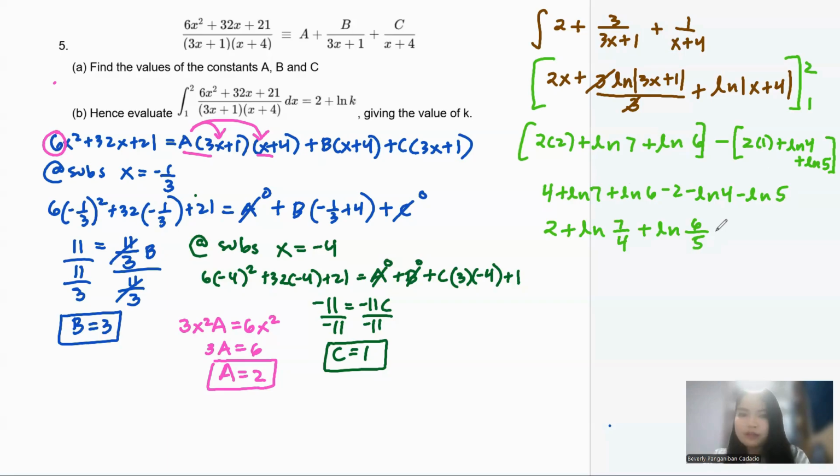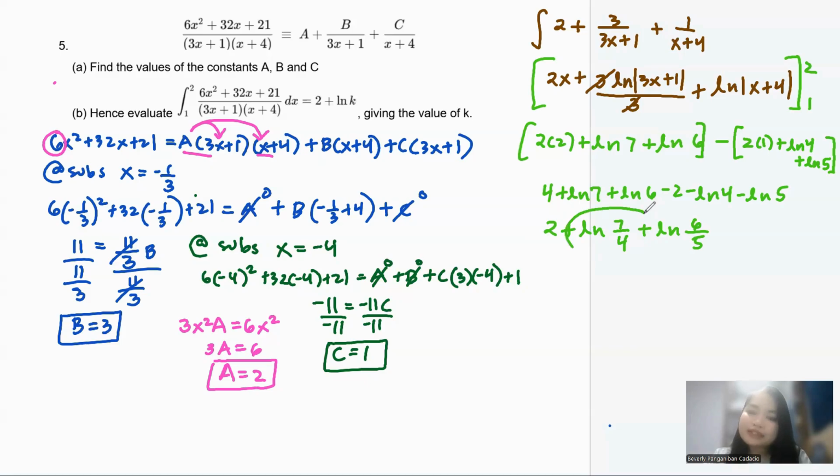What we are going to do is, this is the 2 already. Meaning to say, this is already what I want. I just need to combine this. And what do I need to do if I want to combine that? It's plus, it's just going to be the same thing.